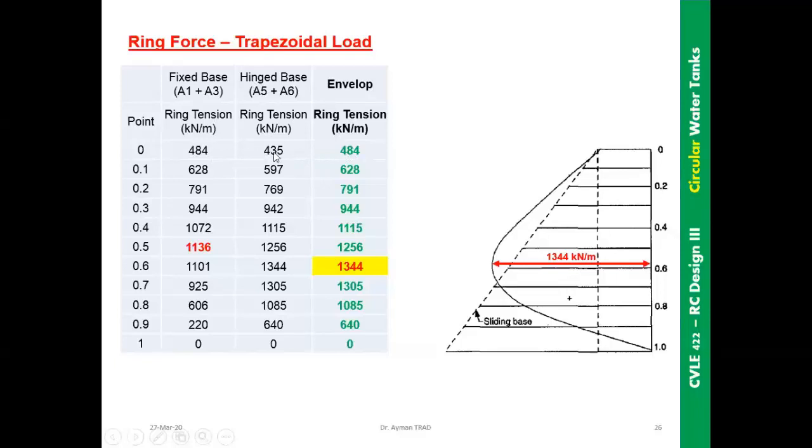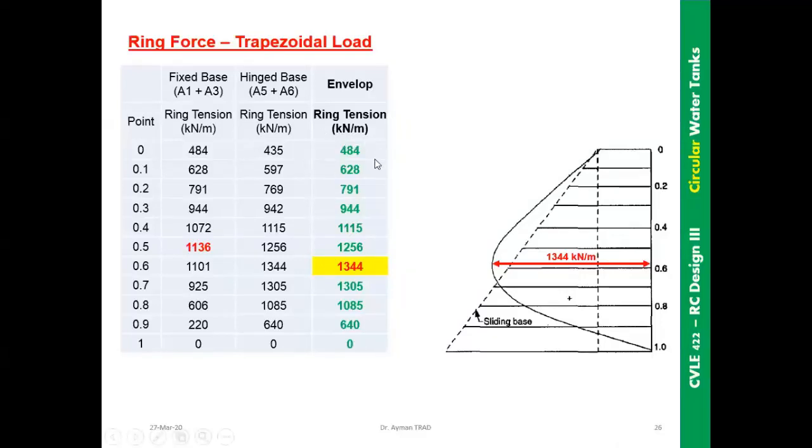So أول لاين أكبر هو 484 جاي من الفيكس. تاني لاين 628 من الفيكس. تالت 791 من الفيكس. 944. بعدين بيصير من الهنج 1155 1256 1344 1305 and so on. So this is the envelope diagram اللي هو maximum value each time regardless if we have fixed or hinged base.